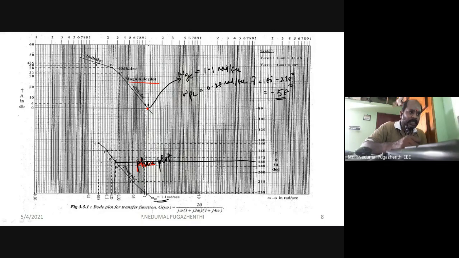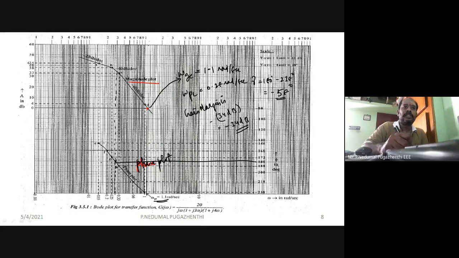If you extend that, it will be cutting the magnitude plot here, and you get 34 decibels. So your gain margin is minus 34 decibels.